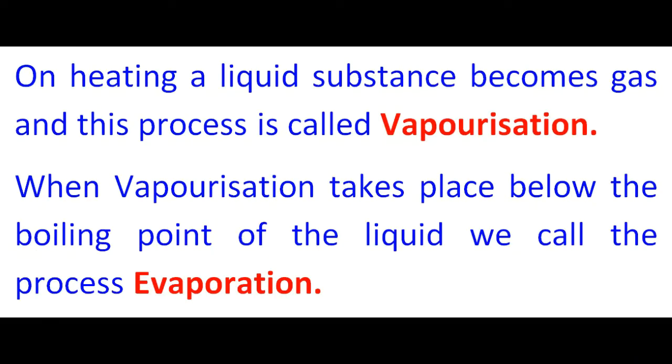On heating, a liquid substance becomes gas, and this process is called vaporization. One thing I must make clear here, that liquids sometimes become gas after boiling, and sometimes it becomes gas below the boiling point. It does not boil, but it becomes a gas. When vaporization takes place below the boiling point of the liquid, we call the process evaporation.